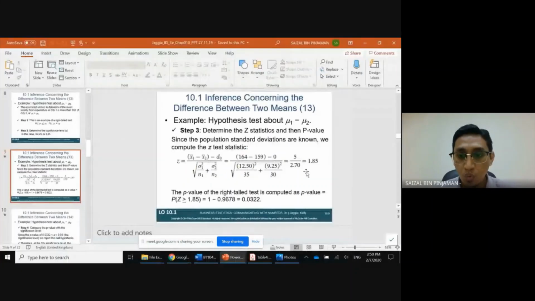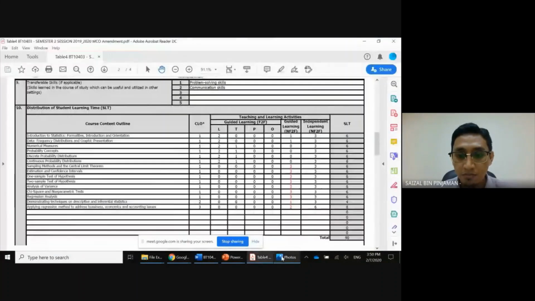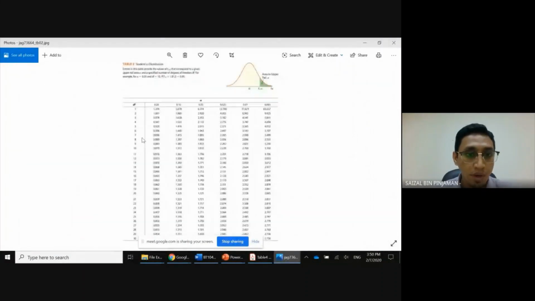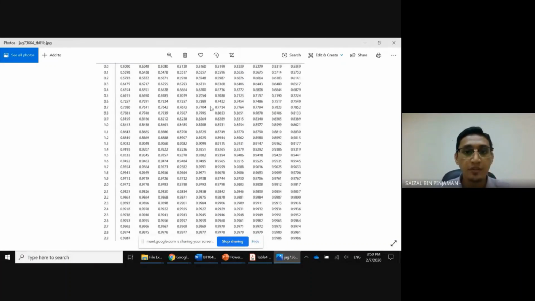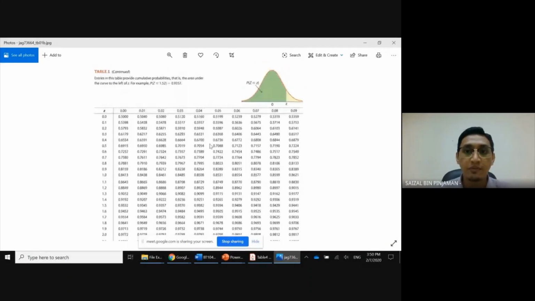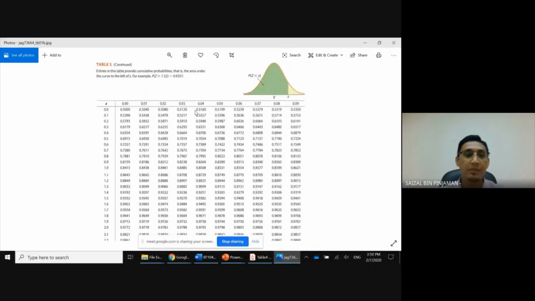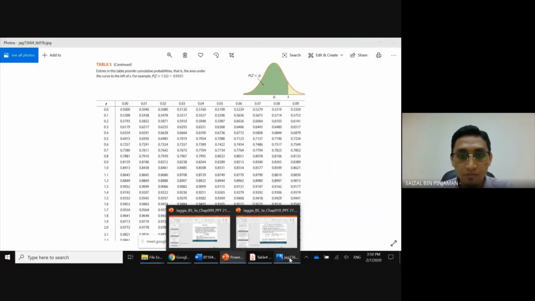If I can show you the probability for z when z is equal to 1.85. All right, so this is one of the examples of the distribution table that we can refer to in order to determine the probability based on specific z values. So 1.85, just to be confirmed.